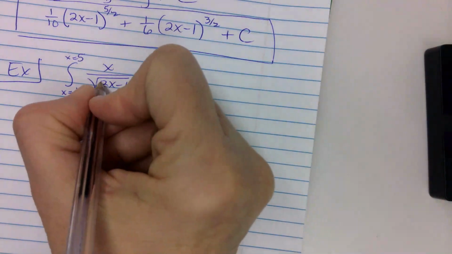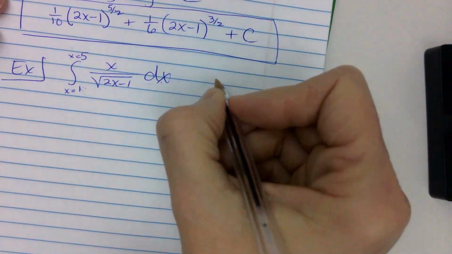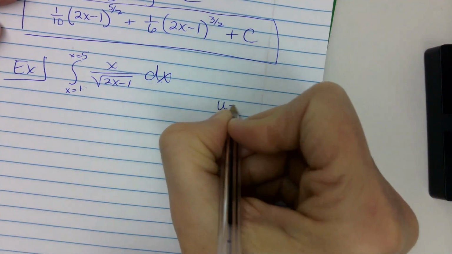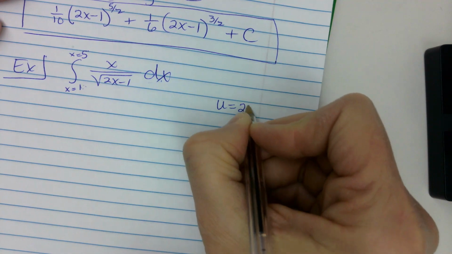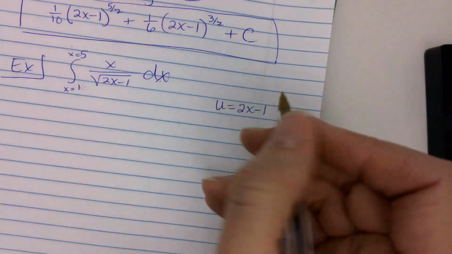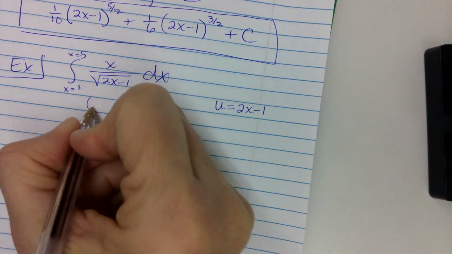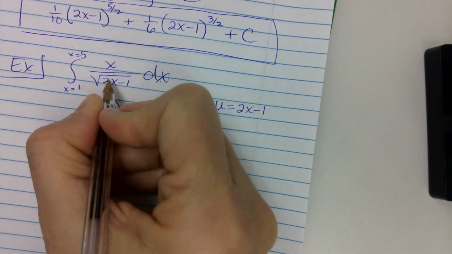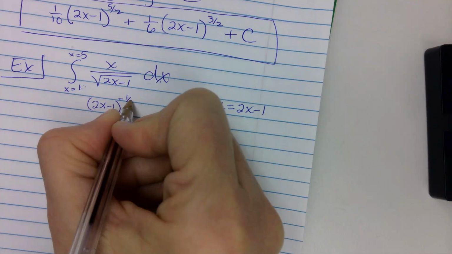I'm just going to keep it 2x. So my blob, or my u, is 2x minus 1, right? Because this is actually 2x minus 1 to what power? Negative 1/2.